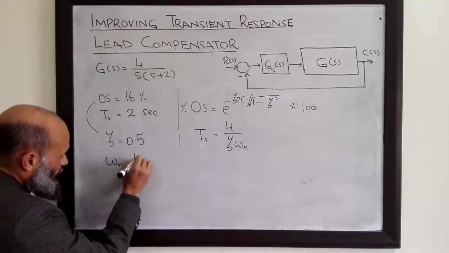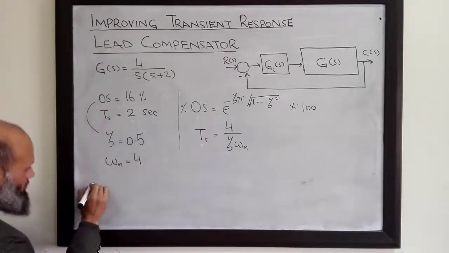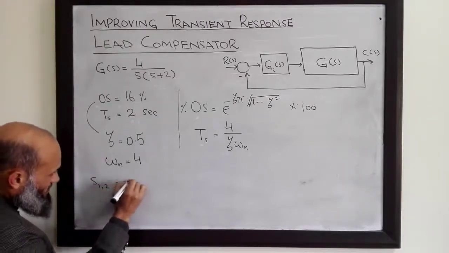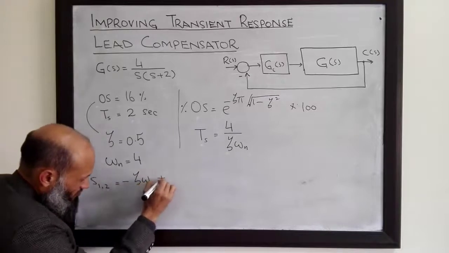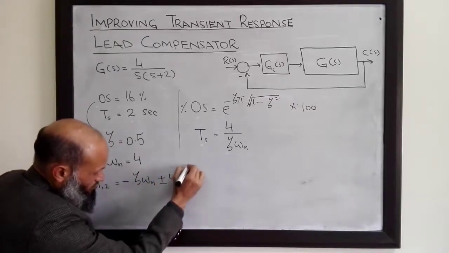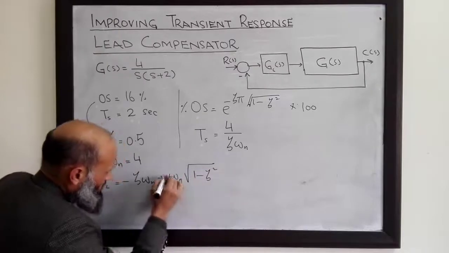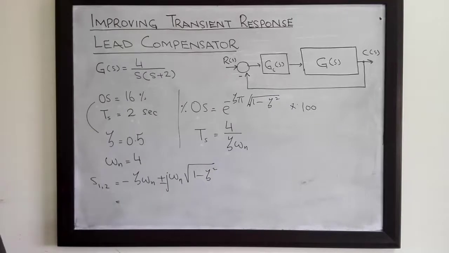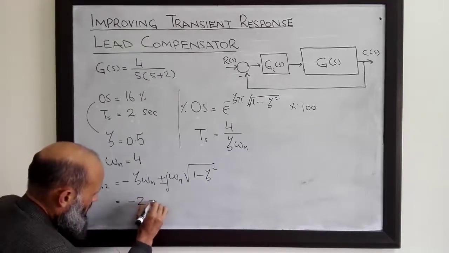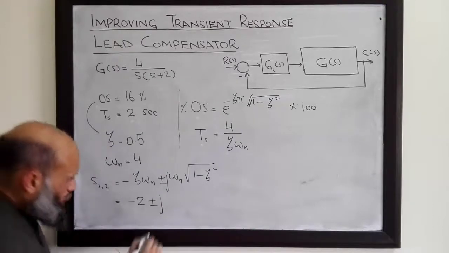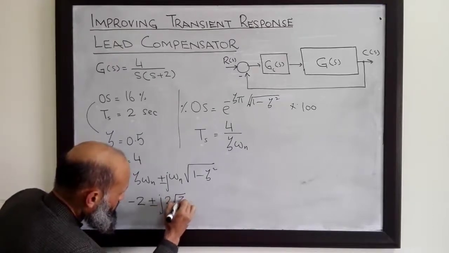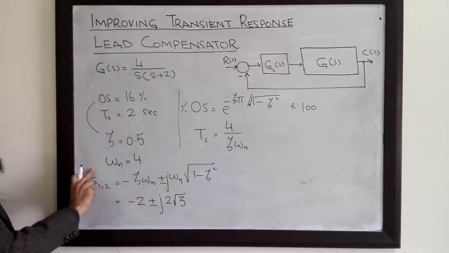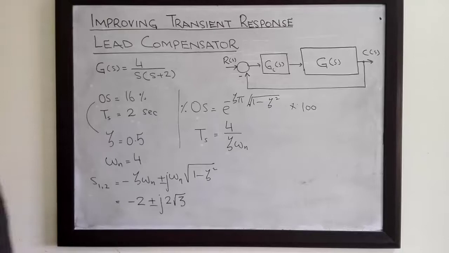Therefore the location of desired closed loop poles s1,2 is minus zeta omega n plus minus j omega n times square root of 1 minus zeta square, and this desired location comes out to be equal to minus 2 plus minus j 2 square root of 3. So to achieve these desired specifications, closed loop poles of the system should be located at this point.